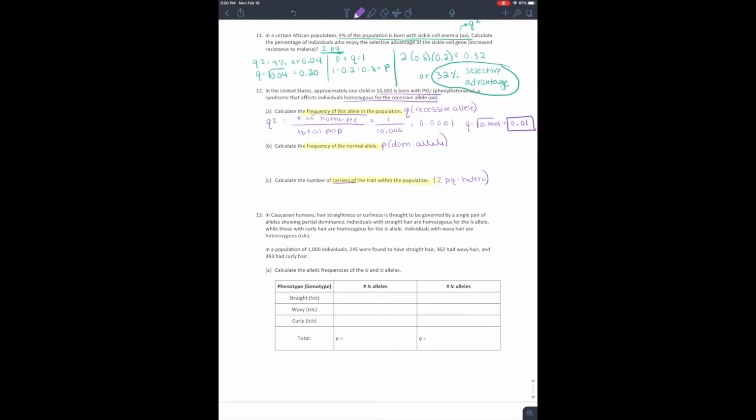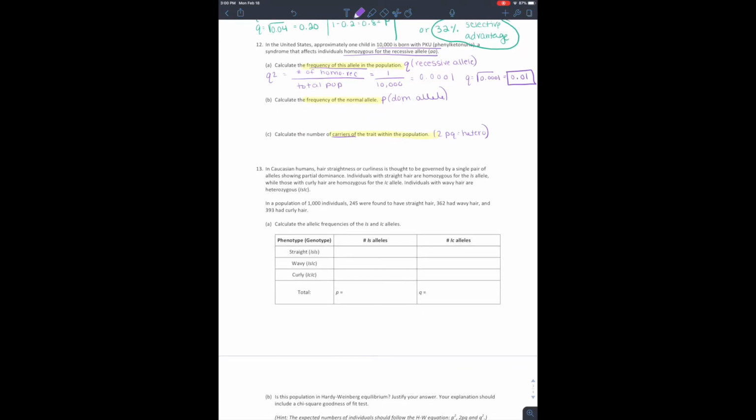Next, I have to calculate the frequency of the normal allele. Well, I just got the frequency of the allele that affects the population. So all I have to do is P plus Q equals 1. So 1 minus 0.01, and that leaves me with 0.99 as my frequency of having the normal allele. Lastly, we're going to do the percentage of carriers with the trait. So to find the carriers, we're going to do 2PQ.